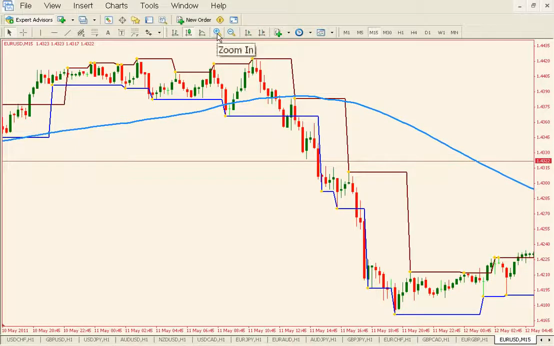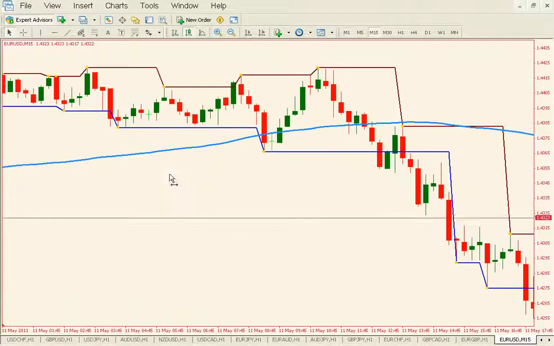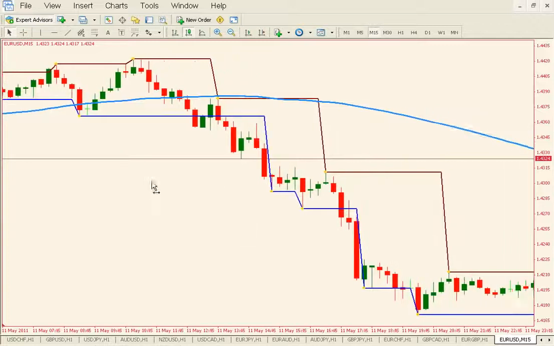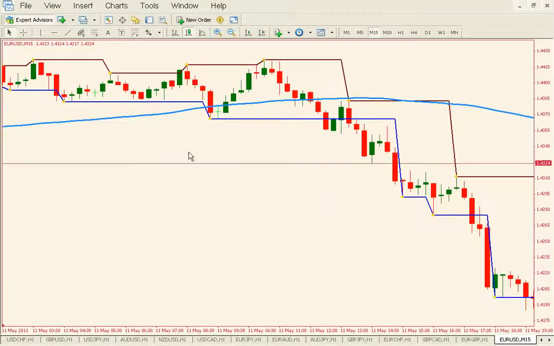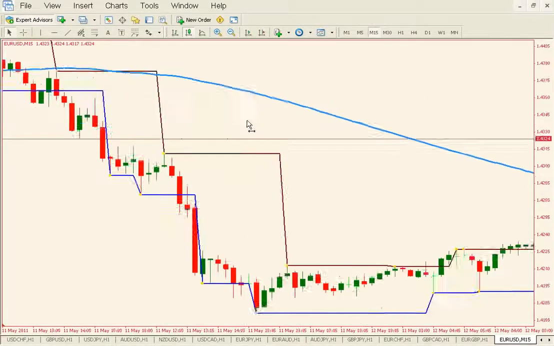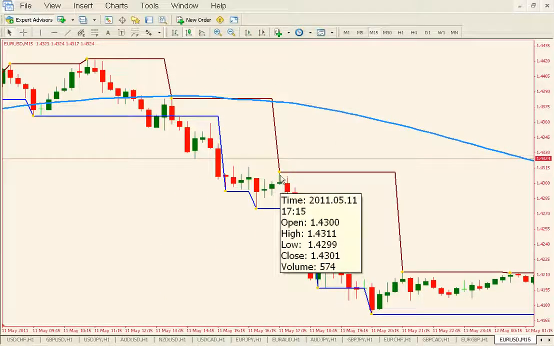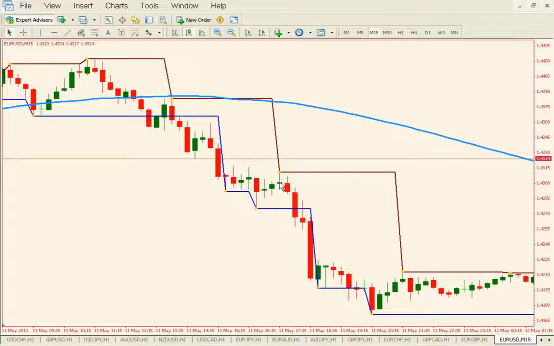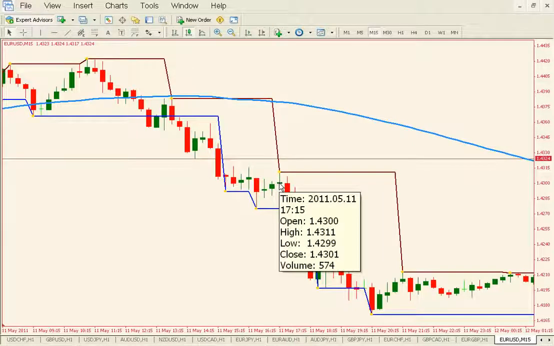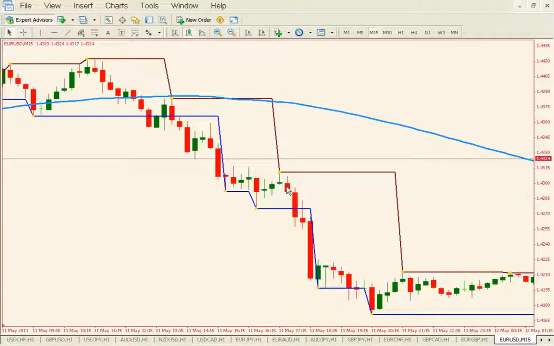Okay, let's show you here. The fractals right here, just to show you, a fractal is not going to be made after this bar. After this candle is made, the fractal won't be made until after this candle closes.